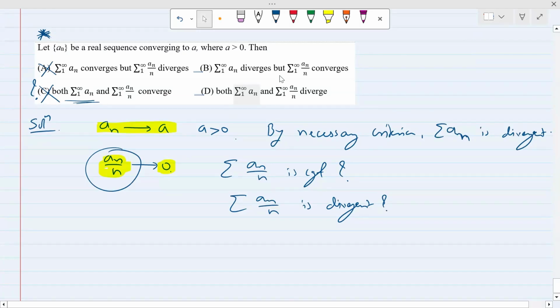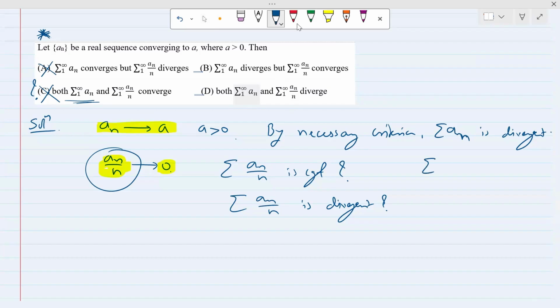What about others? By the necessary condition, it will converge. Which necessary condition have you applied? If an by n tends to 0, then their summation will always be convergent. No, that's not true actually.